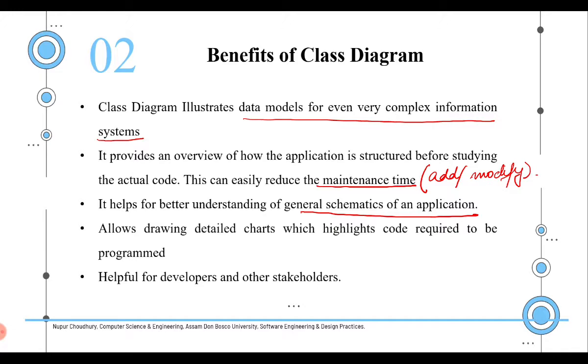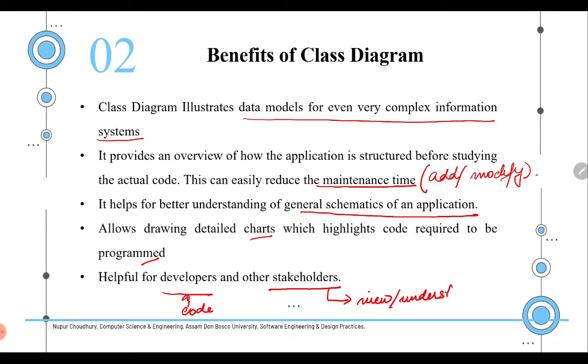Moreover, it allows drawing detailed charts which highlight the code required to be programmed, which means a class diagram represents the various functions or methods that a class is capable of performing, and it assists developers to write the code accordingly. Hence it is helpful for developers, because they can code and develop easily, and for other stakeholders, because of the understandability of the system.